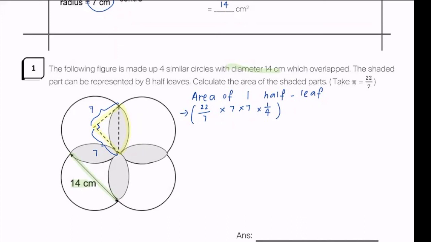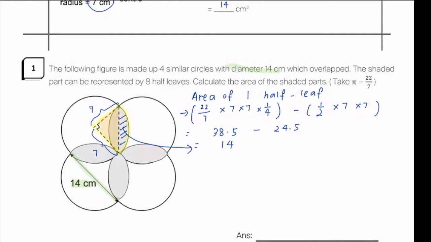Then minus the area of the right angle triangle, which is 1/2 times the base 7 times the perpendicular height 7. This will be 14, so this half a leaf is 14. What is the area of one leaf? One leaf would be 28.